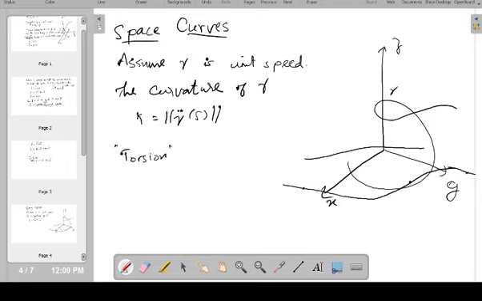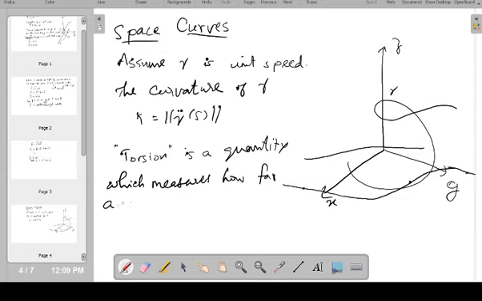Torsion is a quantity which we are going to define in a moment, which measures how far a curve deviates from being a plane curve.